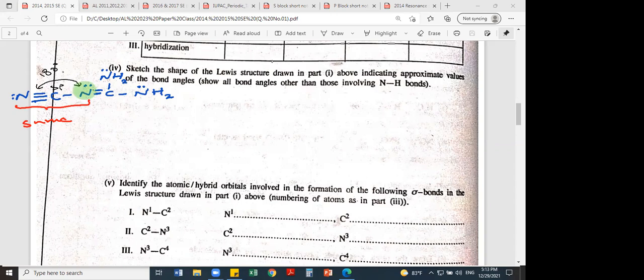So I'll take this nitrogen first and draw, this green one. Then I have to draw it bent, right? So it's like this, around 120 bond angle.